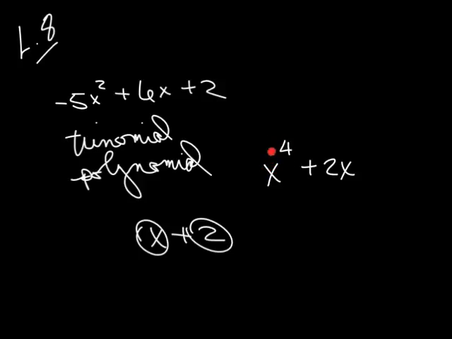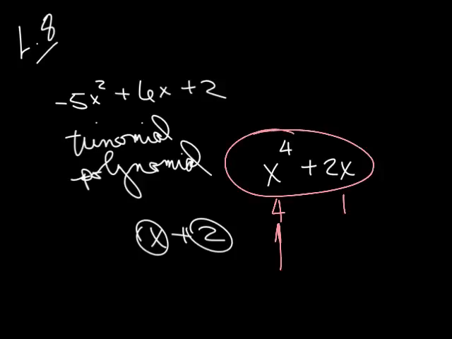This term has an exponent of 4. This one has an exponent of 1, because there's a 1 up there that you don't see. So this one has the highest degree, and therefore the degree of the entire polynomial is 4.